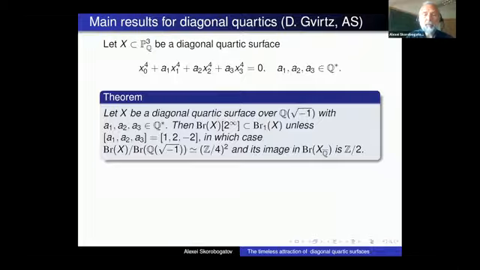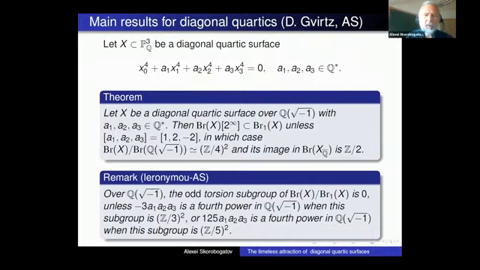So this explains why this is a difficult task, to find explicit Brouwer classes given by some explicit form. And just for comparison, now we have a complete classification of Brouwer groups of diagonal quartics with rational coefficients. Let me just mention very briefly the previous work with Hieronymo, where we looked at the odd order torsion subgroup in the Brouwer group. Basically, the elements of the Brouwer group modulo the Brouwer group of Q can only have order a power of 2, 3, or 5.